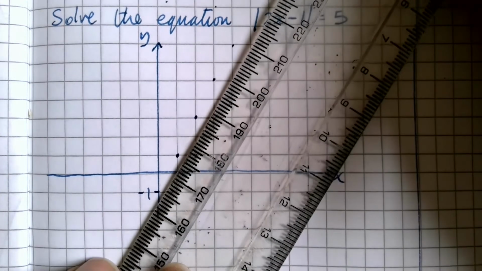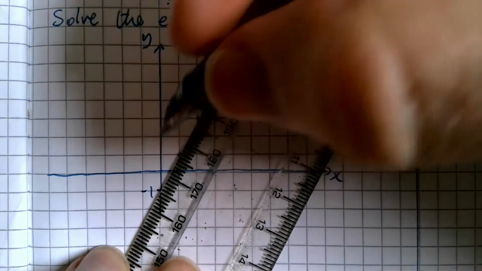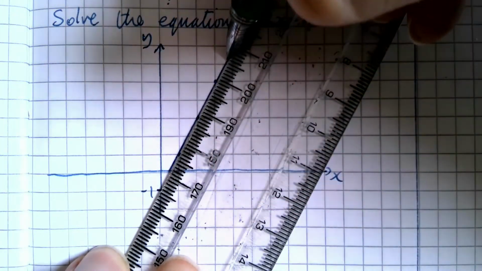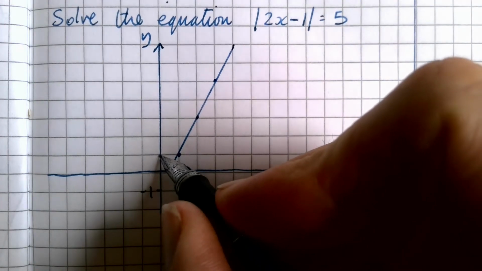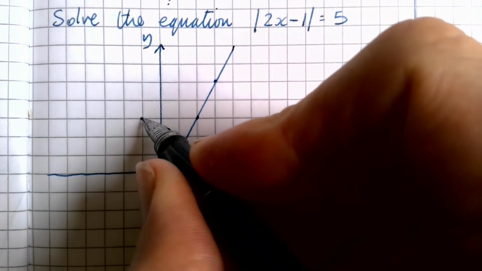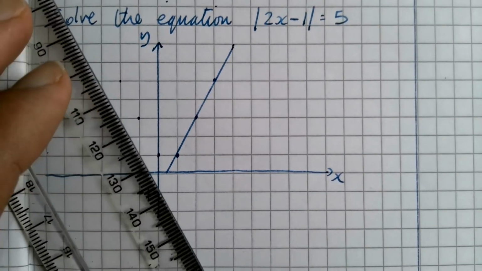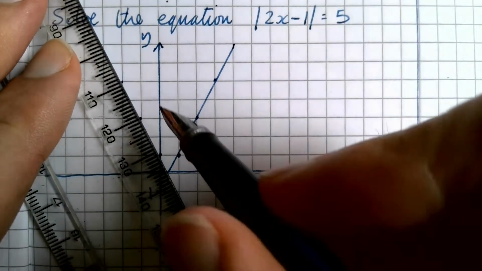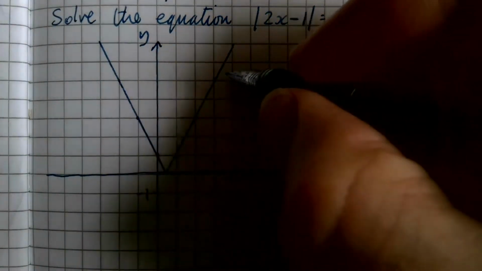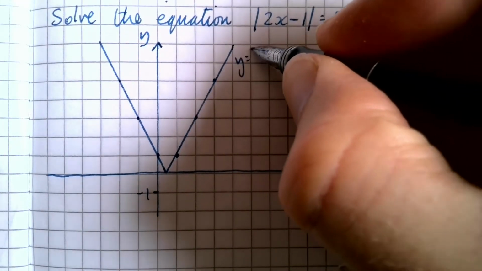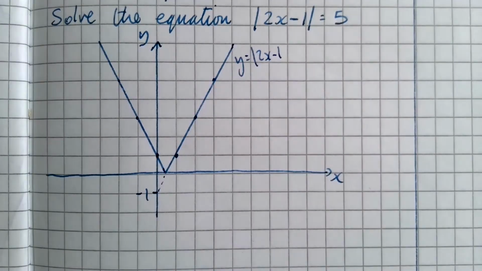Now that's going to be coming in and hitting the x-axis and then bouncing back, so that would go to there and to there and so on as we go across. So that's going to look something like that. That's going to be y equals 2x minus 1, y equals 2x carrying on down there.